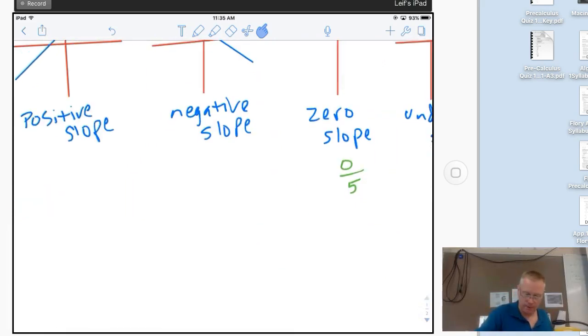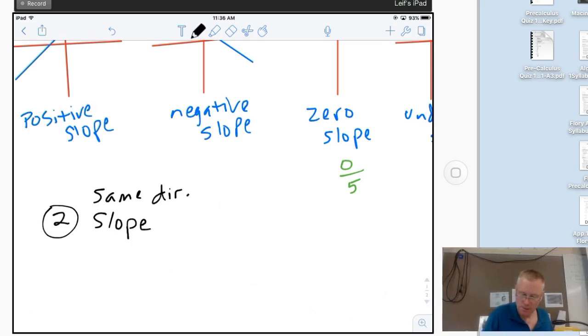If I go to the next question, number 2, same directions: what's the slope of the line that goes through 3, 1, and negative 4, 1?